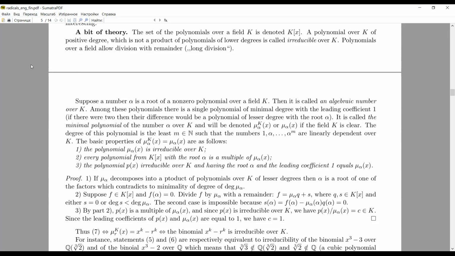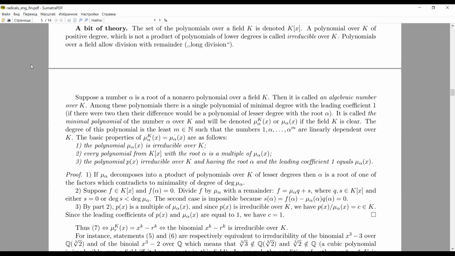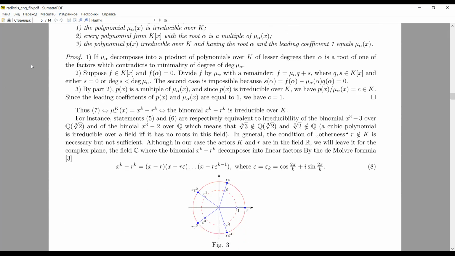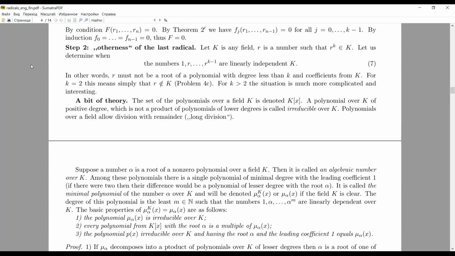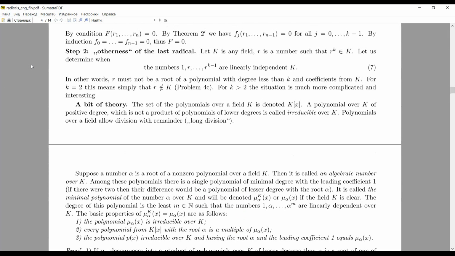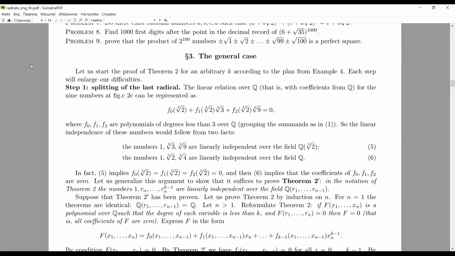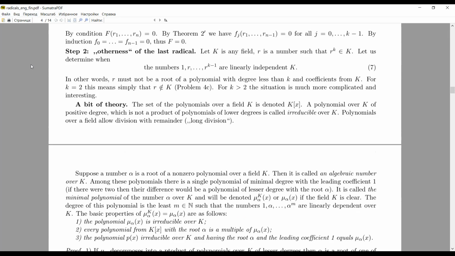So we reduce our problem, our condition 7. Maybe scroll up, please, for a while. Yes, this. Scroll down, please. Condition 7.